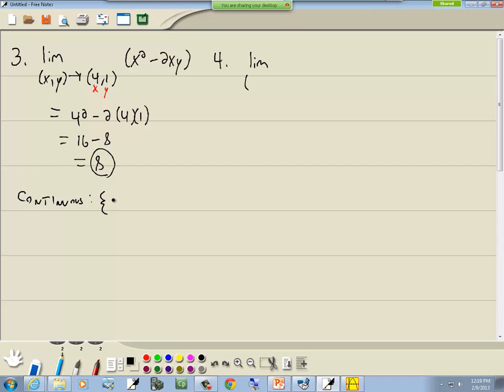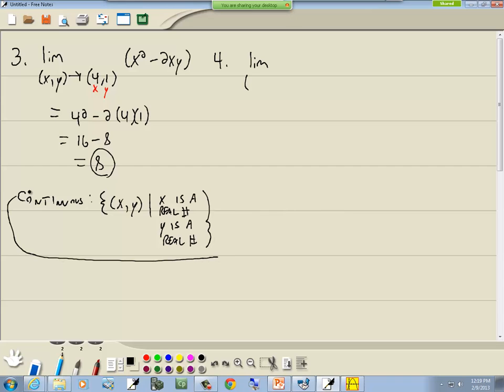And this will be for the set of all x, y values such that x is a real number and y is a real number. So that's where it's continuous, because this is a polynomial, and I said, these are nice polynomials. They exist everywhere. We don't have a problem.